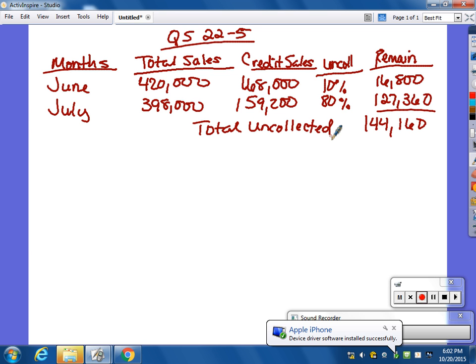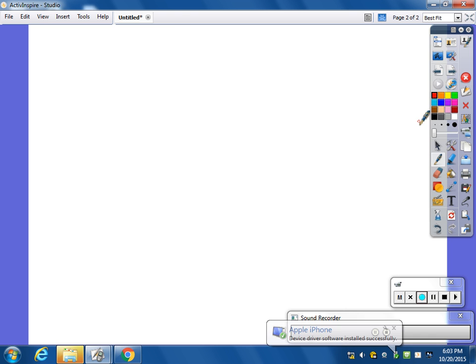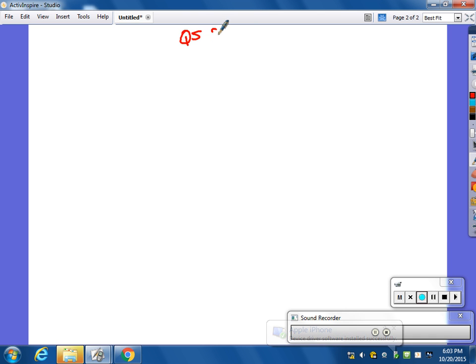So preparing a cash budget, what do you need first? Beginning cash balance. You said beginning cash balance, which is how much? 22,000.